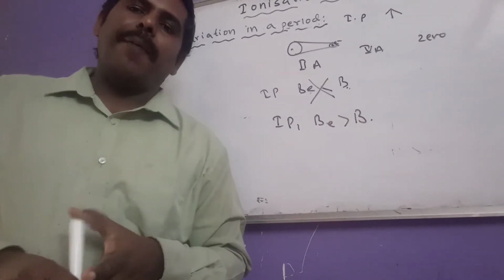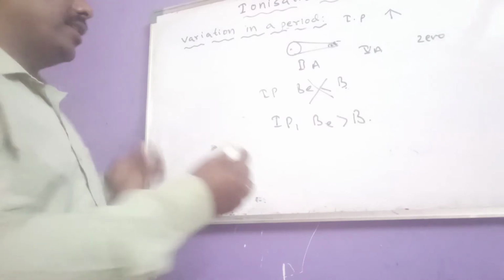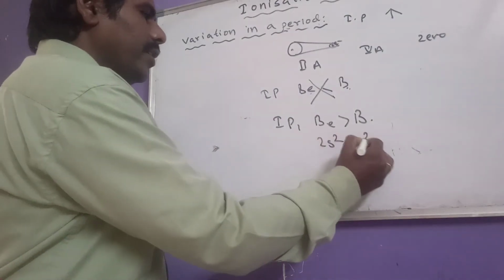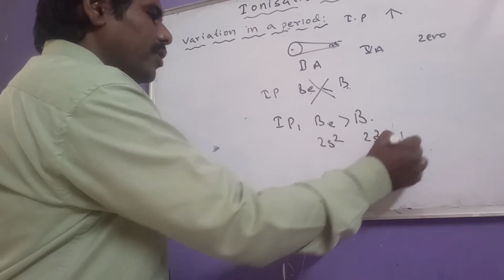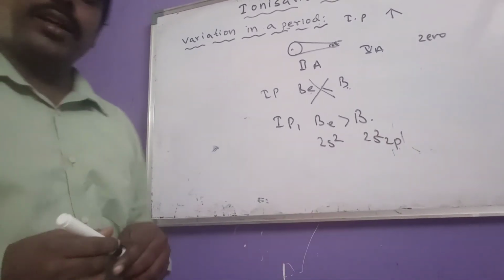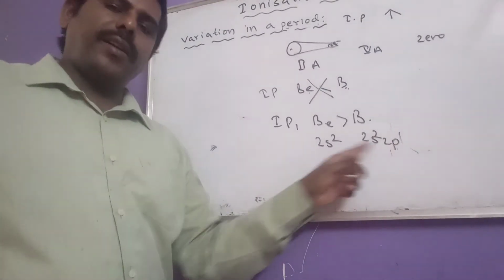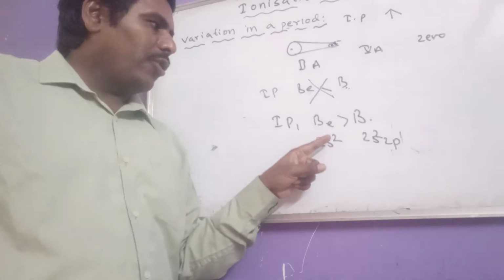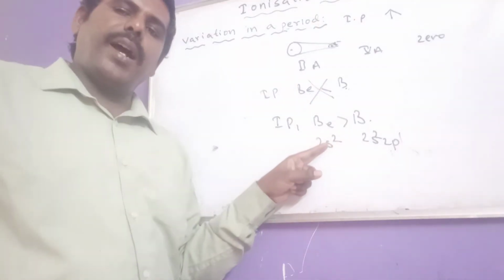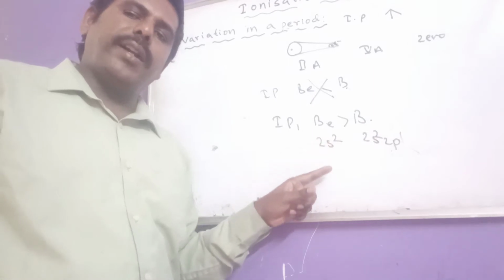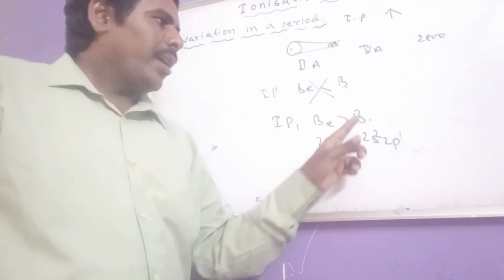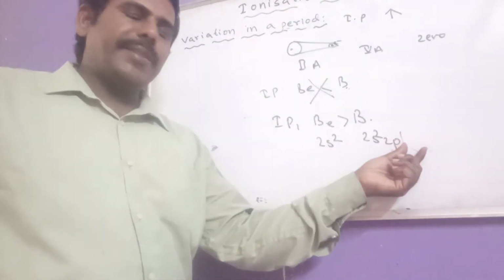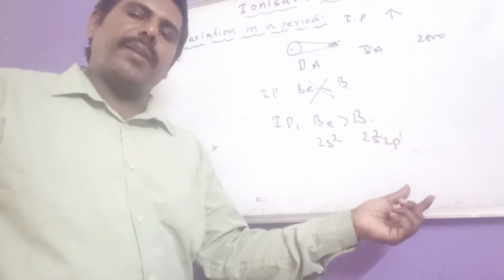So why did it happen like this? Because beryllium has 2s2 configuration, and boron has 2s2 2p1 outer electronic configuration. In case of beryllium, we have to remove the electron from the high penetrating power s subshell. But in case of boron, we have to remove the electron from the less penetrating p orbital.